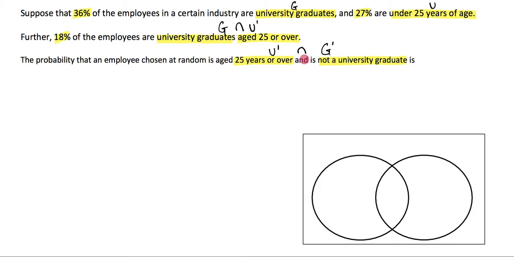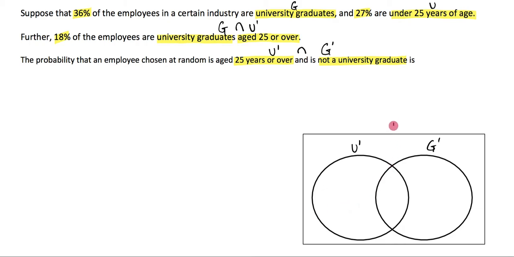So we're trying to figure out the intersection of U dash and G dash. So if we come down to our Venn diagram, let's call this U dash and let's call this G dash. And the aim of the game is trying to figure out what is going to be right here. That's what we're trying to find.